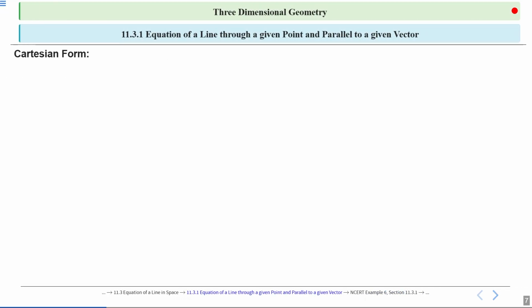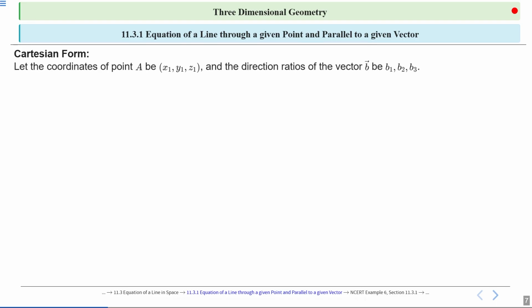So now let's start by looking at the Cartesian form in three-dimensional geometry. Suppose point A has coordinates x1, y1 and z1 and the direction ratios of our vector b are b1, b2 and b3.